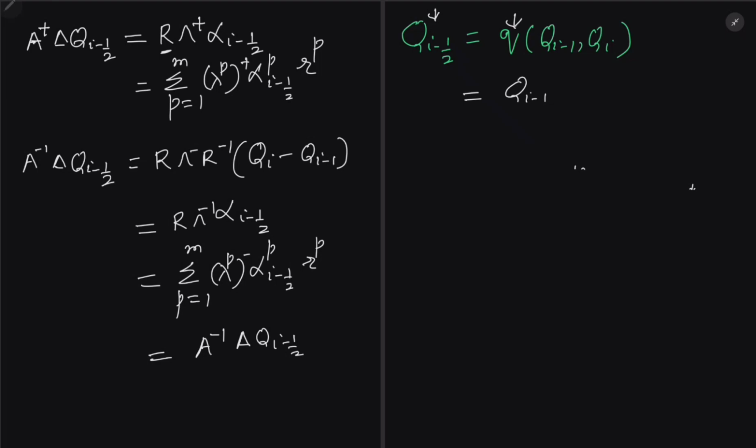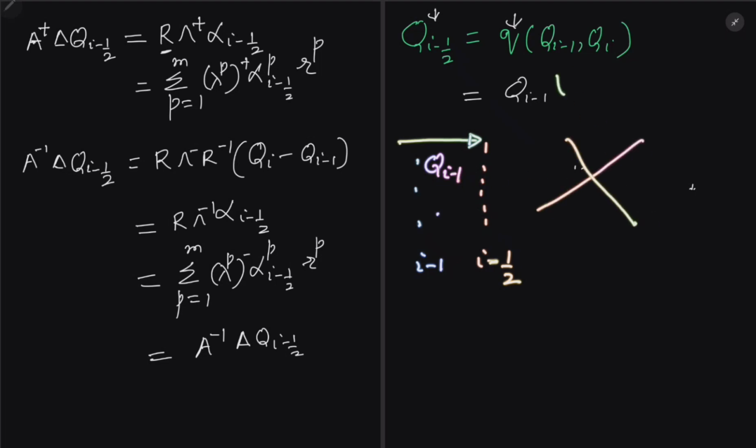There is only one way the information can travel, but if we have something else coming from the right side, let me write it for you. On I minus 1 half, the information can travel only from the left side. On the left side, we have I minus 1. If the information is only coming from the variable I minus 1, and there is nothing on the right hand side, then this is enough.